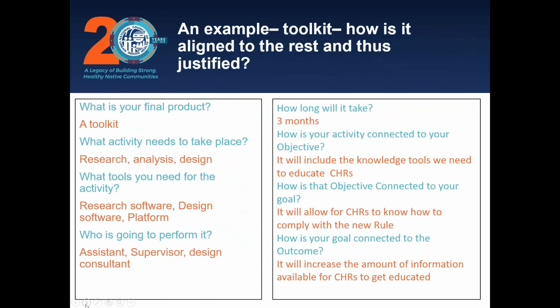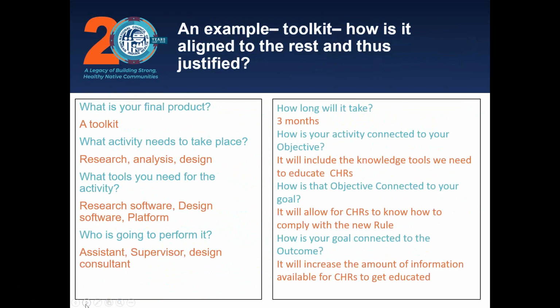I'm giving you an example in case you're wondering how to include it in your budget. What is your final product? It will be a toolkit. What activity needs to take place? Research, analysis, design. What tools do you need for the activity? Research software, design software, a platform. Who is going to perform it? An assistant, a supervisor, a design consultant.